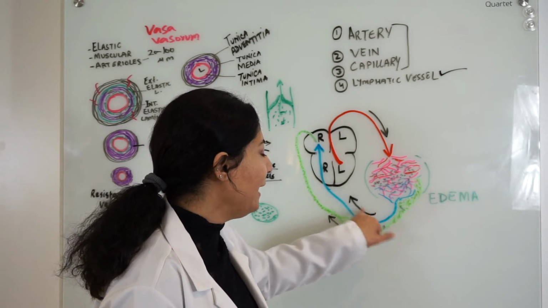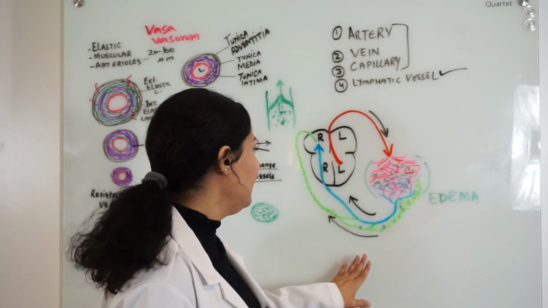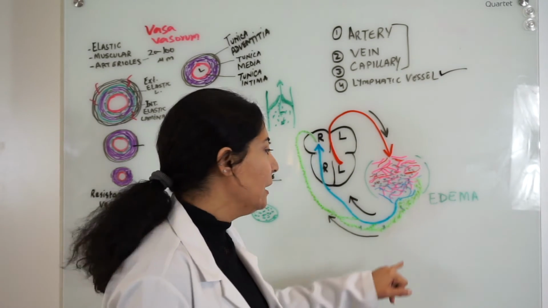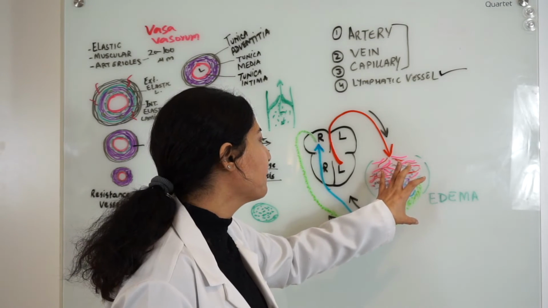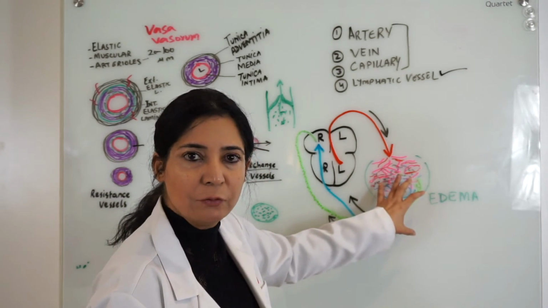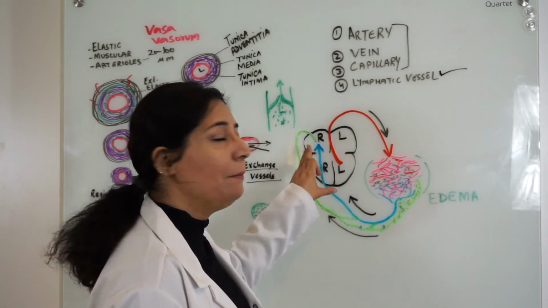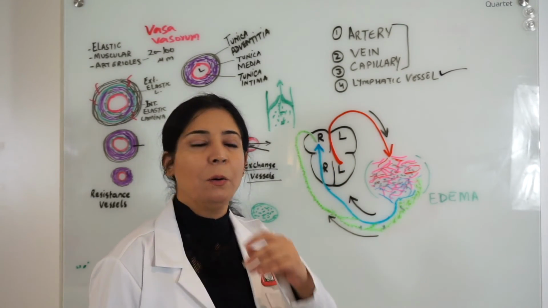Both veins and lymphatic capillaries carry the flow of blood and fluid towards the heart. Lymphatic vessels collect the extracellular interstitial fluid from the tissue spaces and ultimately dump that tissue fluid into the subclavian vein or the right atrium of the heart.